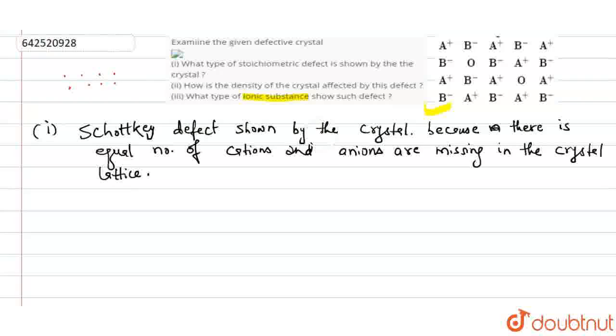So here Schottky defect is found, and you can see there is equal number of cations and anions missing in the crystal lattice, so Schottky defect is found.